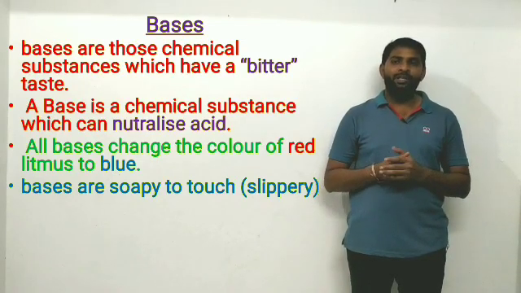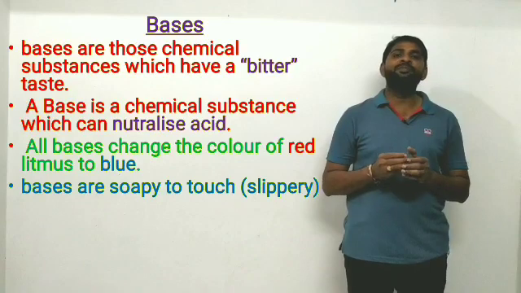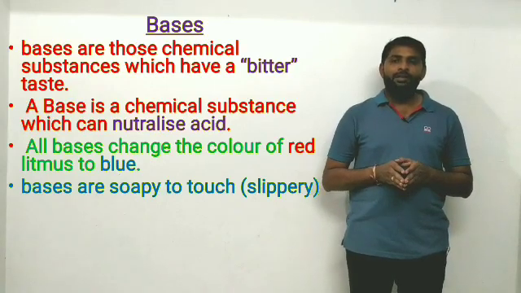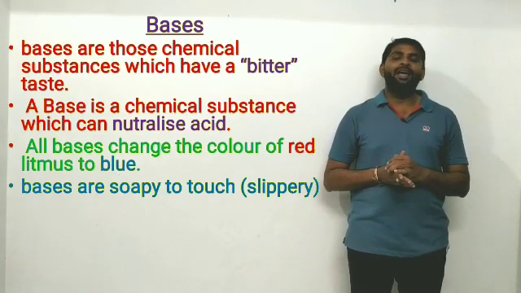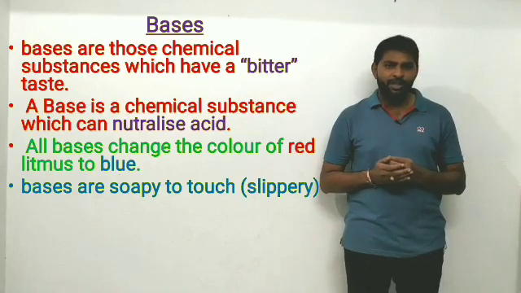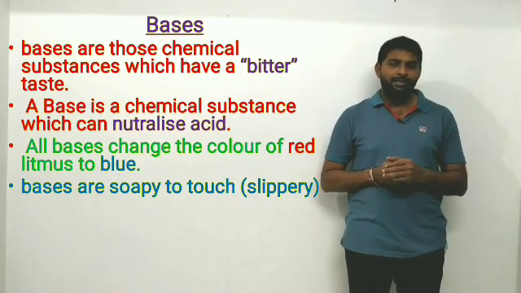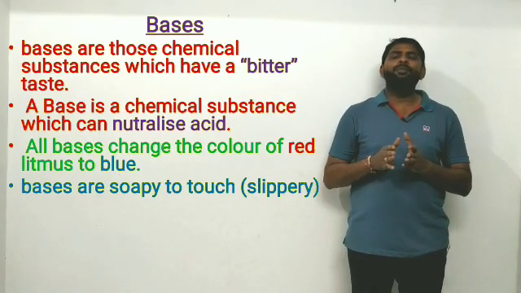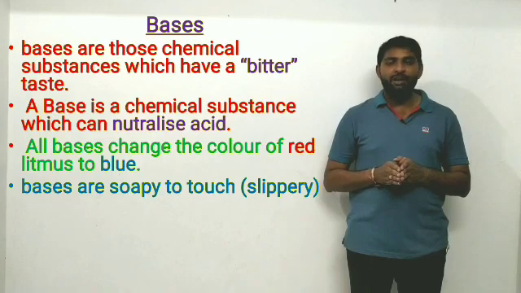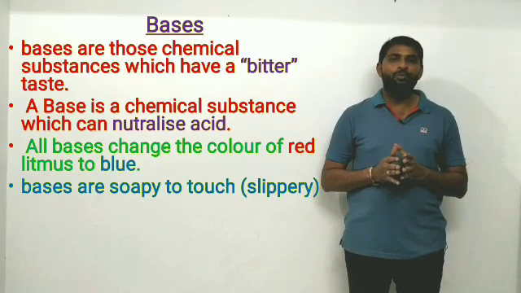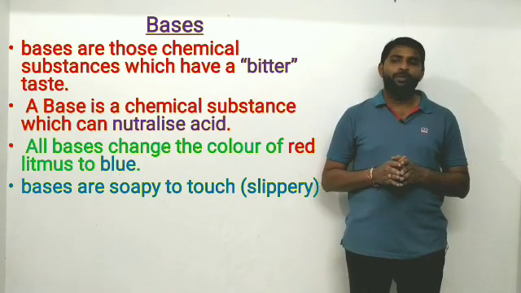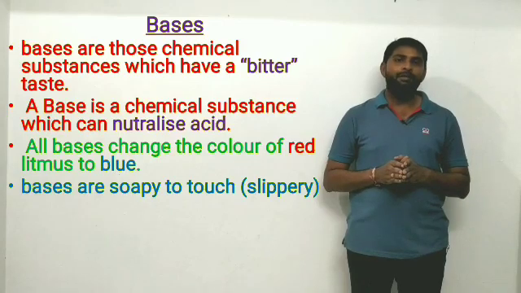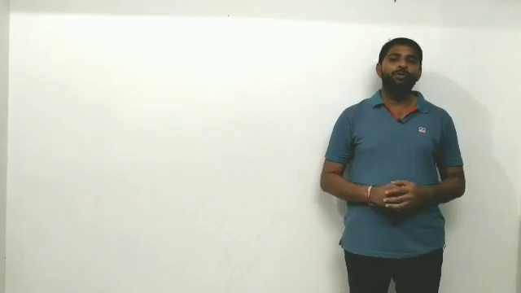A substance which is bitter to taste and can neutralize an acid is called a base. All bases change the color of red litmus to blue.